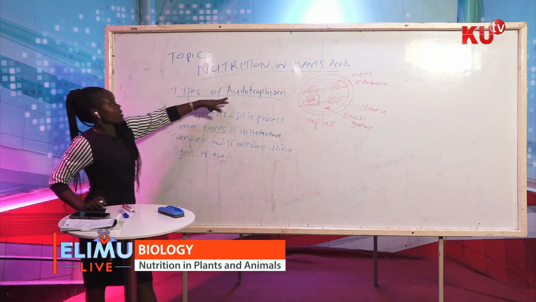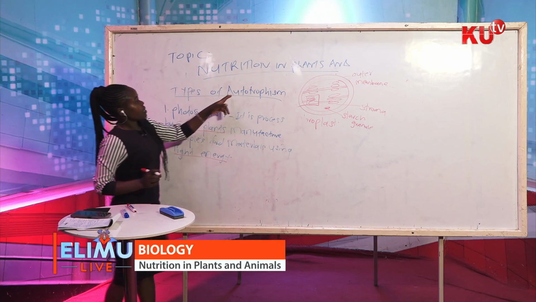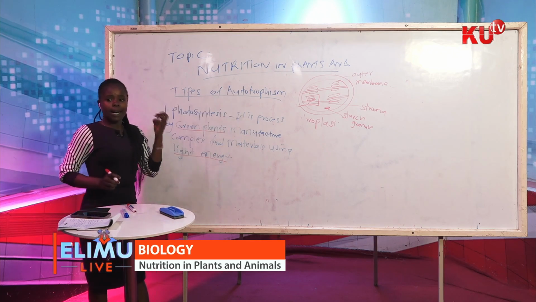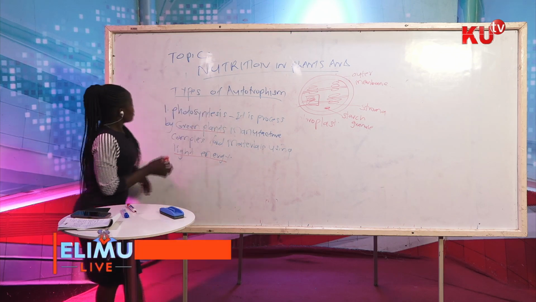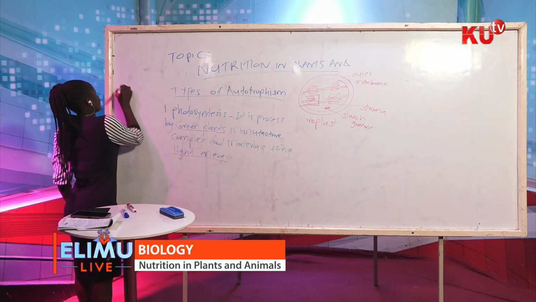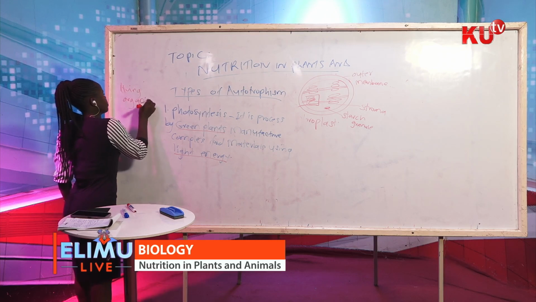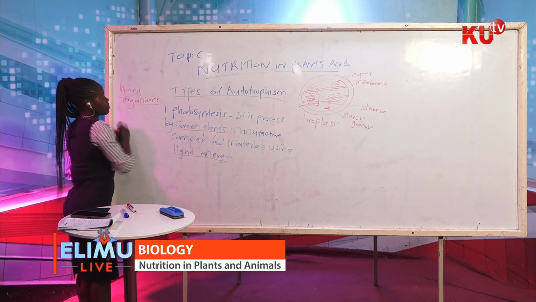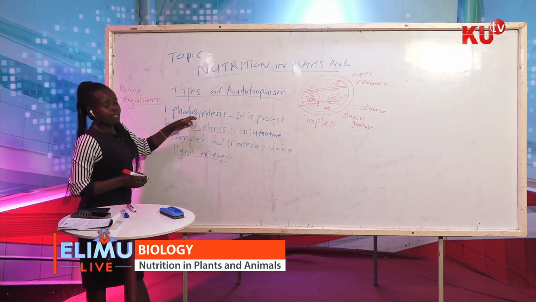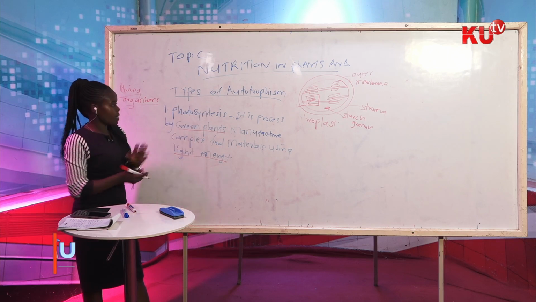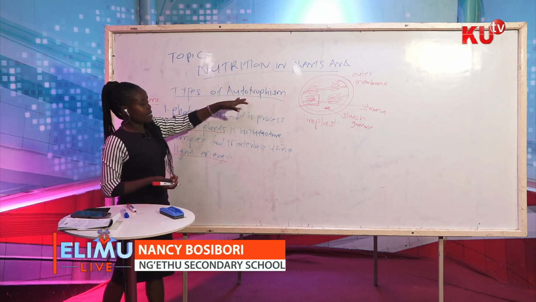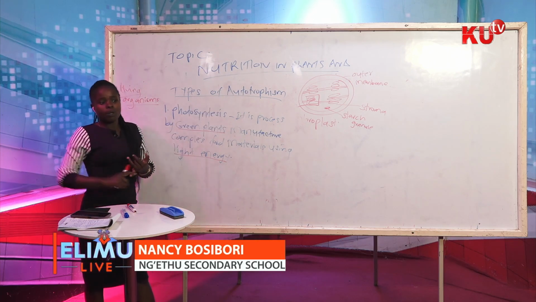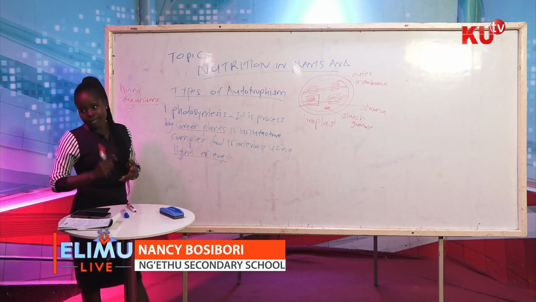In autotrophism, we said that this is the process by which living organisms comprise, I said that they comprise living organisms. But here in photosynthesis, it comprises only the green plants. And if you remember, the examples of autotrophs were the green plants, there were algae, and there were some bacteria.